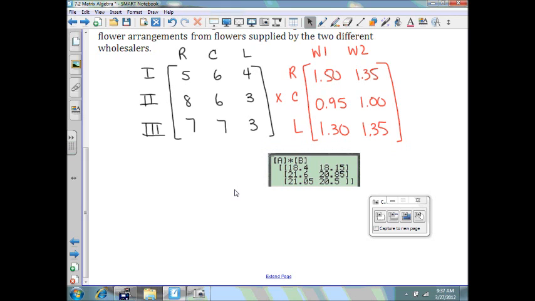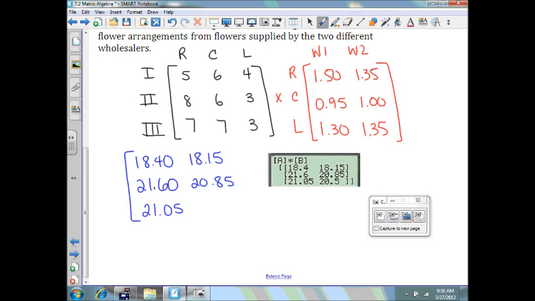So there's our matrix. 1840, 1815, 2160, 2085, 2105, and 2050.